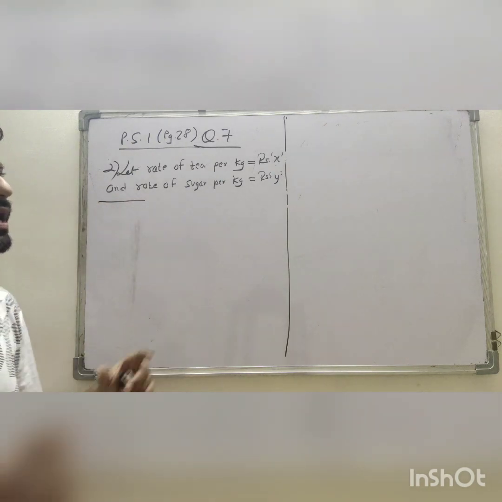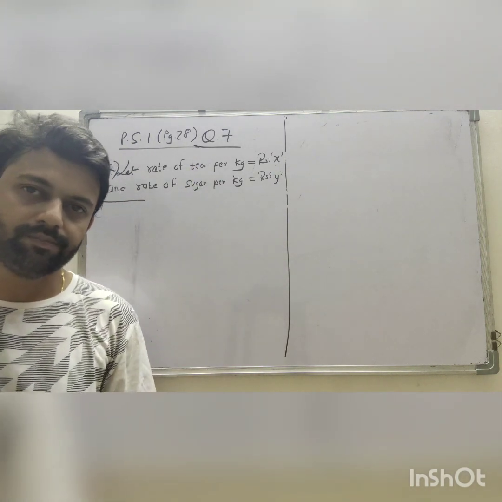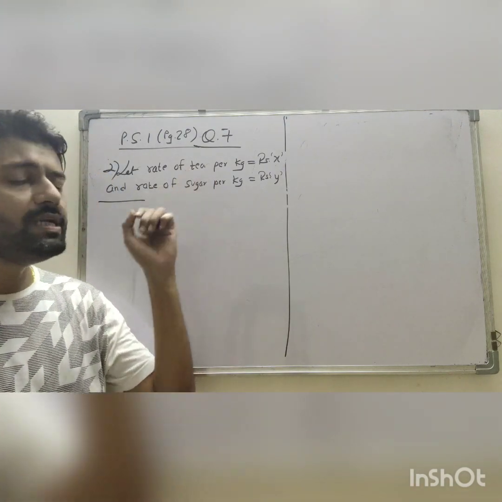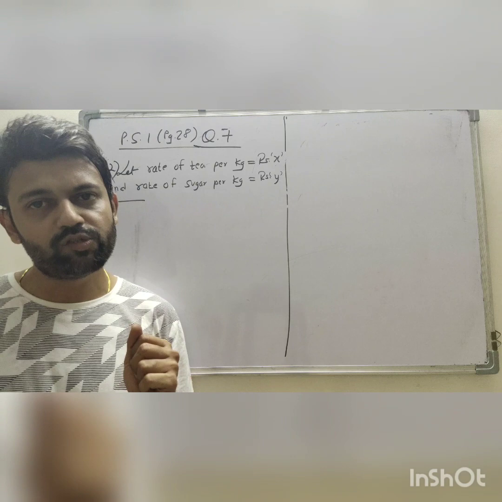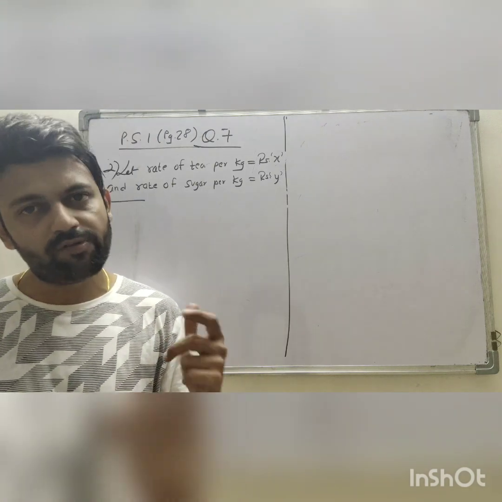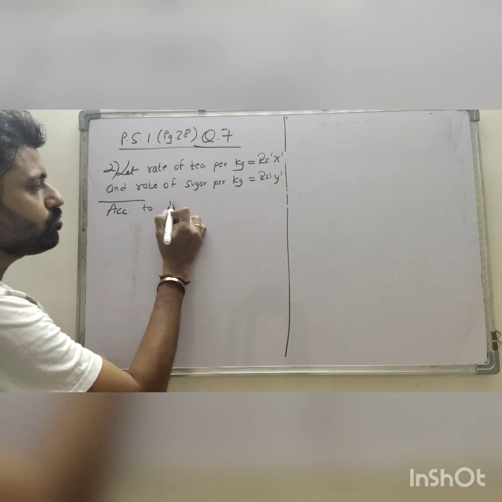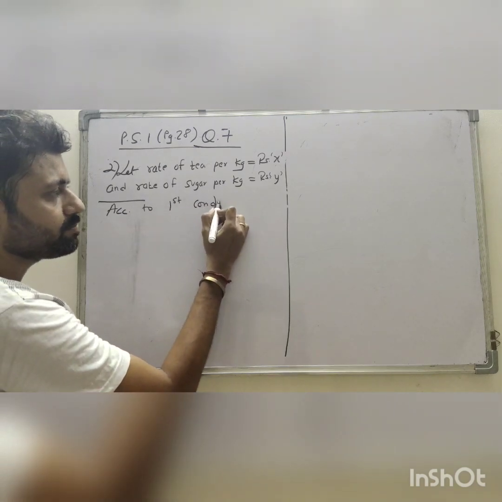This is our assumption. As they mentioned tea and sugar, I am assuming the same, tea x and sugar y. Now I have to write according to the first condition.